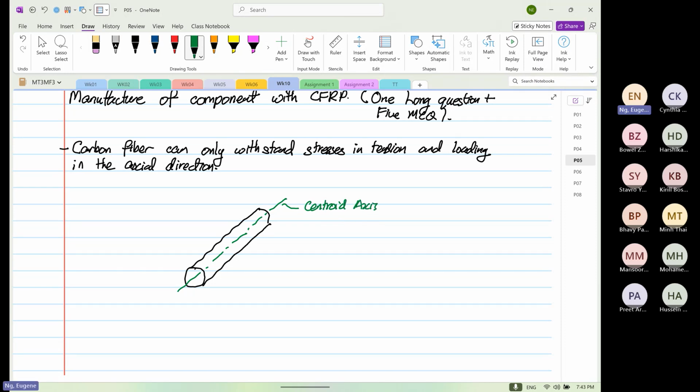Have to be careful. And it's only good if the stresses are loaded this way. So this is our carbon fiber.